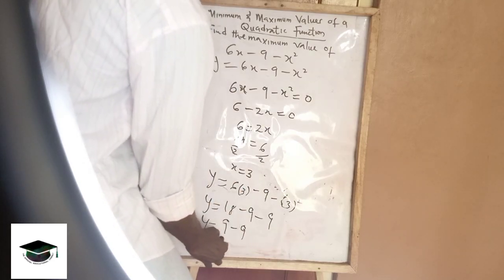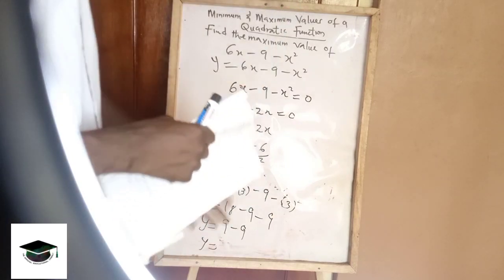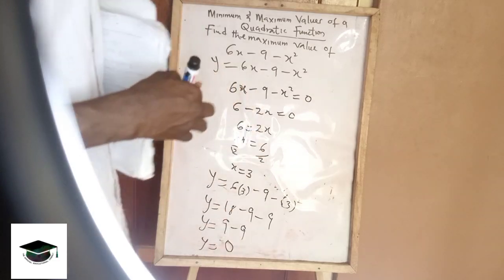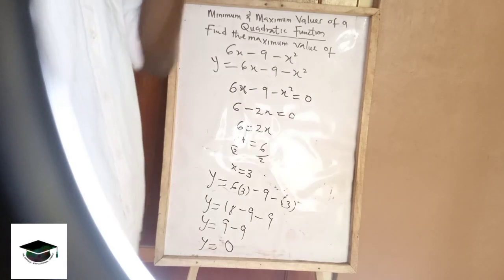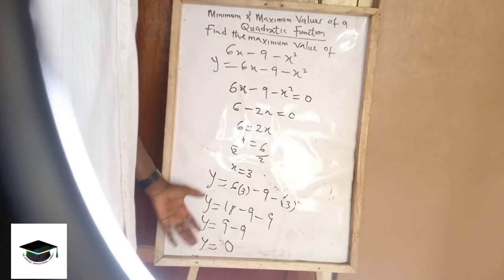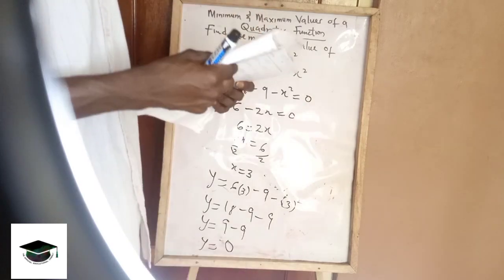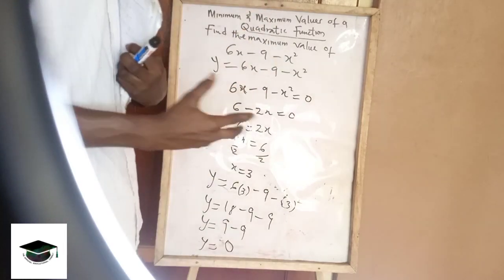And I told you that if you have the same number subtracting itself, 9 minus 9 will always give you 0. Because you have 9 and then you are giving out 9. That means you will be left with nothing. And then the maximum value of y here is 0. So that's just the simple way to solve the minimum and maximum values of a quadratic function.